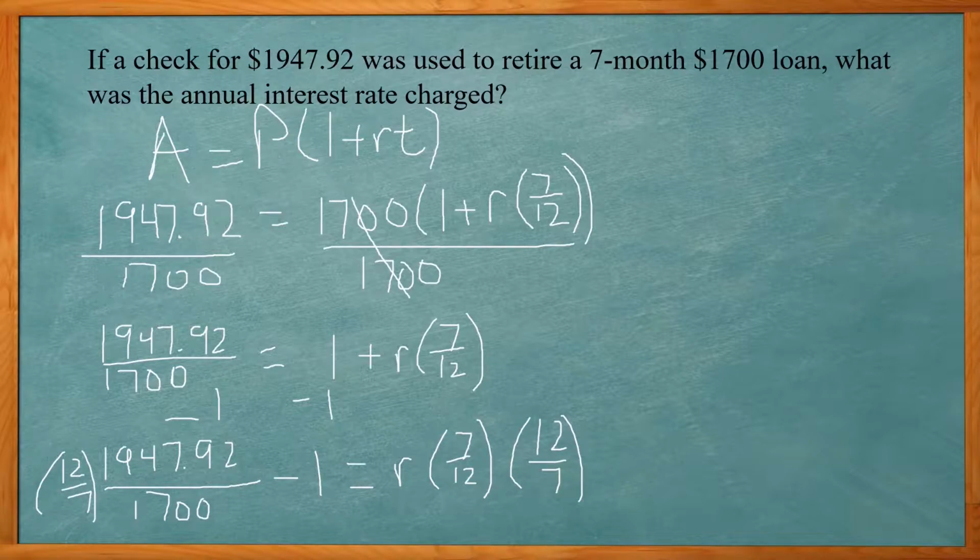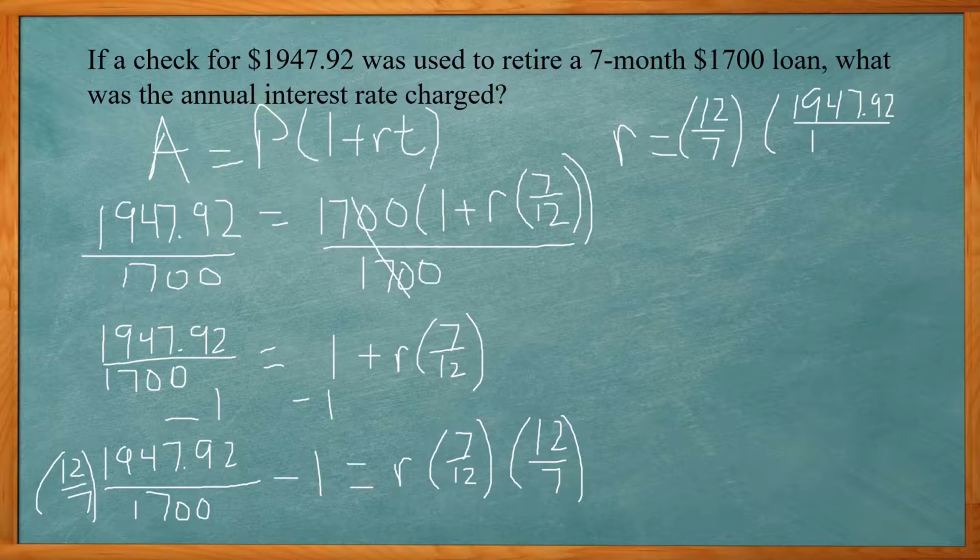Alright, so that leaves me with, I'll put R on the left side now. It's going to be 12 over 7 times 1947.92 over 1,700 minus 1. Now the 1947.92 over 1,700 minus 1 needs to be in its own parentheses because it's 12 sevenths times that quantity.